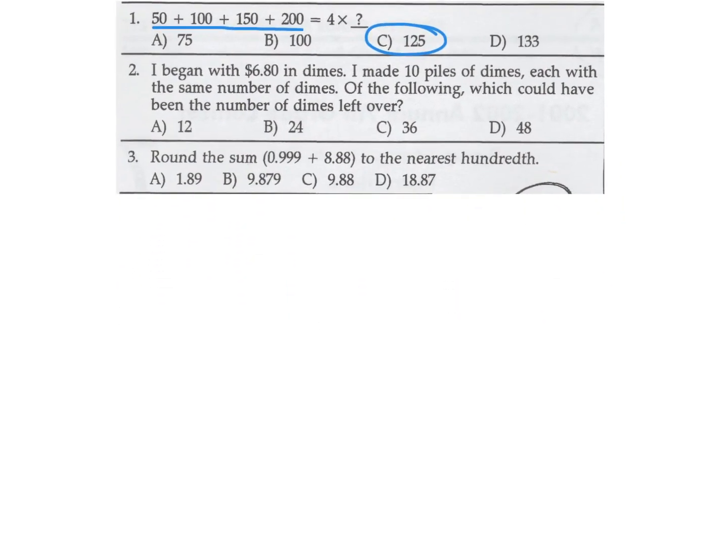I began with $6.80 in dimes. I made 10 piles of dimes, each with the same number of dimes. Which of the following could have been the number of dimes left over? So $6.80 in dimes. The dime, as you know, is 10 cents. So that's obviously $6.80 divided by 10 cents is the number of dimes, and that's 68.